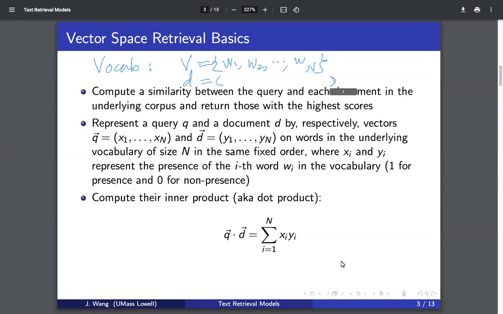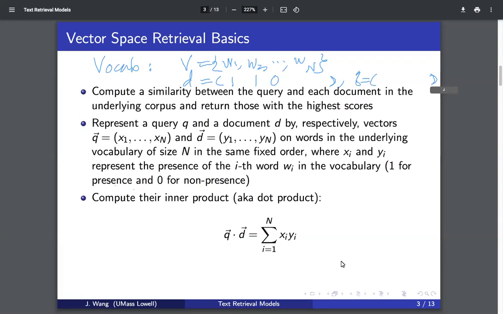It's really a long vector where, for each of these words, if W1 doesn't appear, we put 0. If W2 doesn't appear, we put 0. If a word appears, we put 1. If it doesn't appear, we put 0. So you have a long vector. And likewise, your query is also of the same dimension.